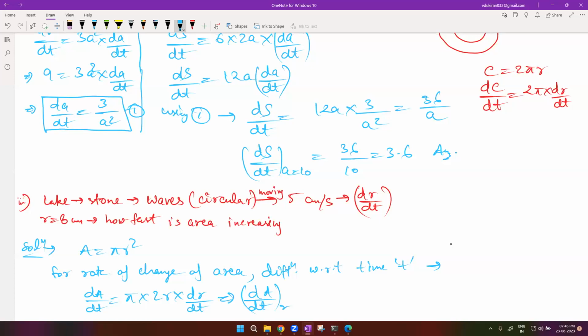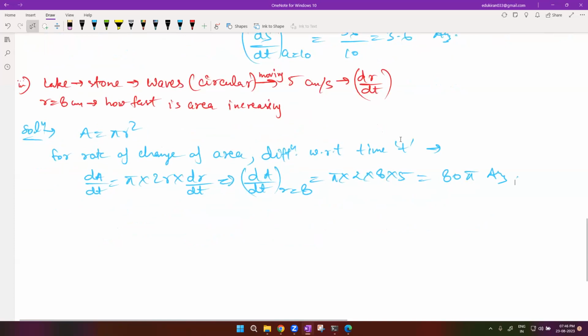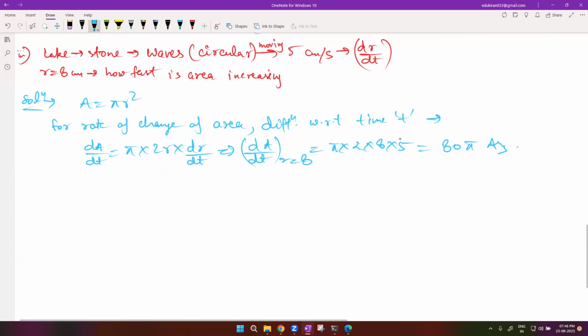at r equals 8 would be pi into 2 into 8 into 5, which will be 80 pi.